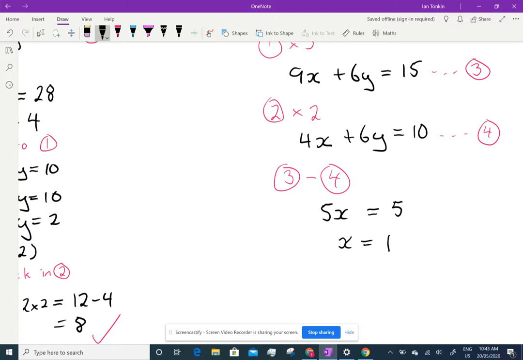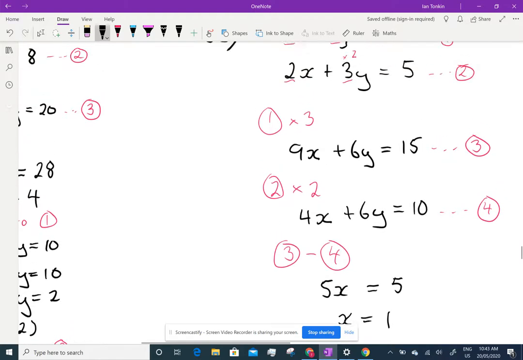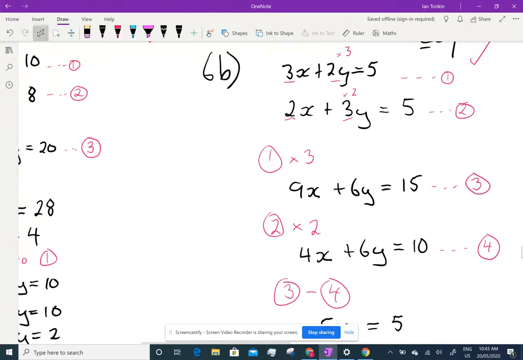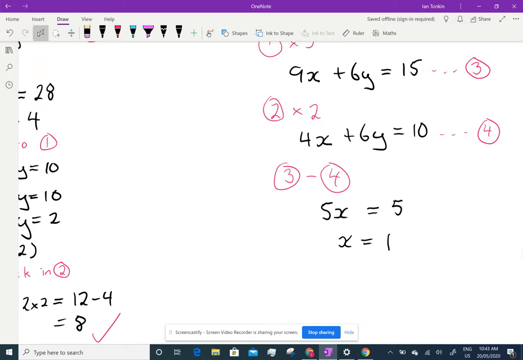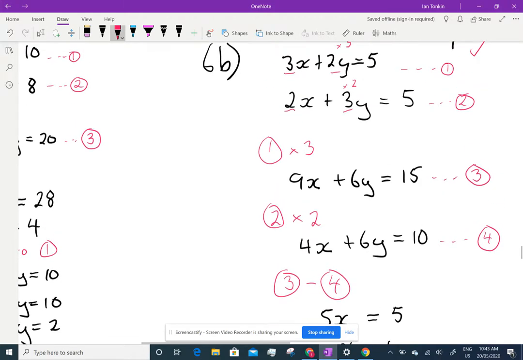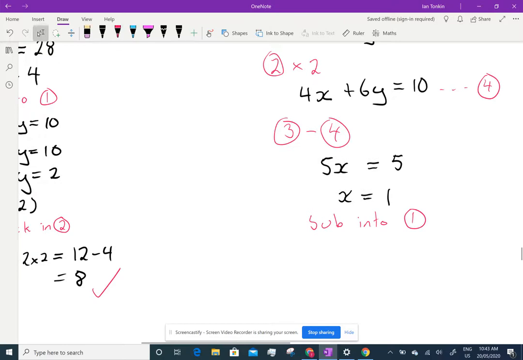Now I have to substitute that, and I've got 4 equations to choose from. But just remember, equations 1 and 2 are simpler versions of equations 3 and 4. So it's going to be easier to substitute into either one of those. There's not much difference, so I'm going to sub into equation number 1. Equation number 1 is 3x plus 2y equals 5.